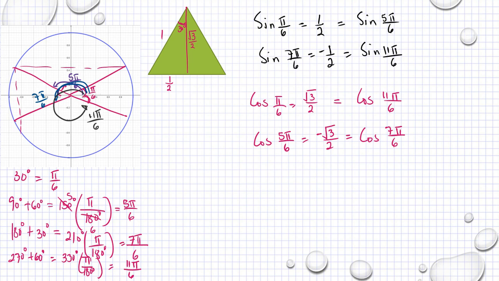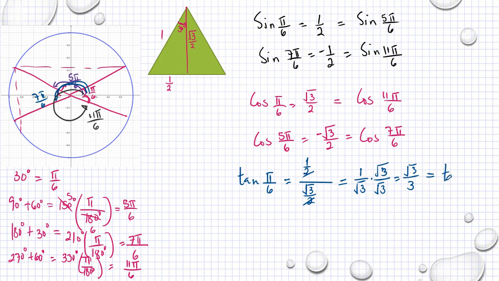For the tangent, pi divided by 6, we have the sine, that is 1/2 divided by square root of 3 divided by 2. So this one will become 1, then we have 1 divided by square root of 3. If we multiply numerator and denominator by square root of 3, then we have square root of 3 divided by 3, which is also the same for the third quadrant.